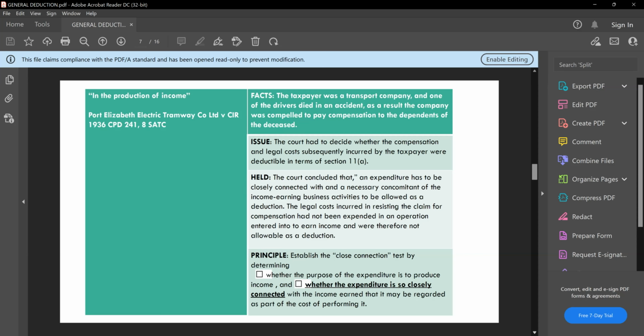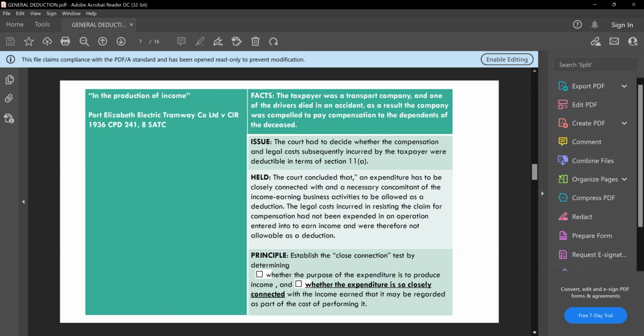So establish the close connection test by determining whether the purpose of the expenditure is to produce income and whether the expenditure is so closely connected with the income earned that it may be regarded as part of the cost of performing it.